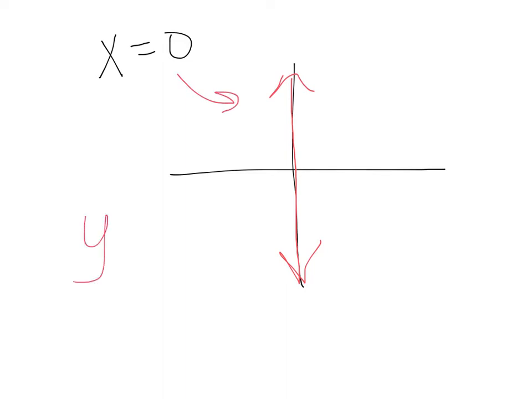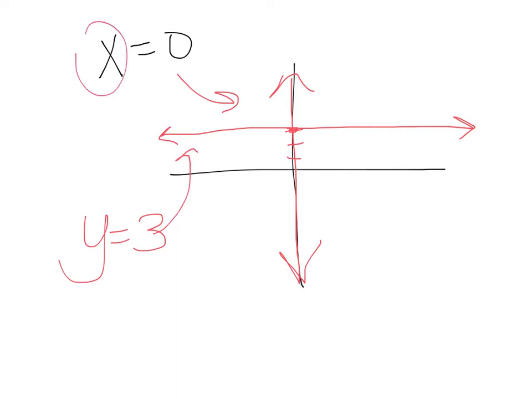Now if you get something that says y equals 3, then we're going to look for where y is always 3, which is a horizontal line like this. So if you have an x equals, you're looking for a vertical up and down line. And if you have a y equals, you are looking for a flat horizontal line.